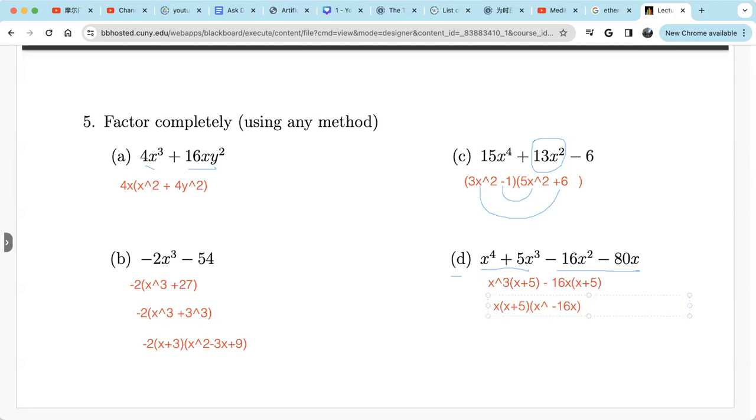Inside, this becomes x squared minus 16. What's x squared minus 16? It can also be factored. 16 is 4 squared, so x squared minus 4 squared is x plus 4 times x minus 4. Okay, we have 4 factors for this one.